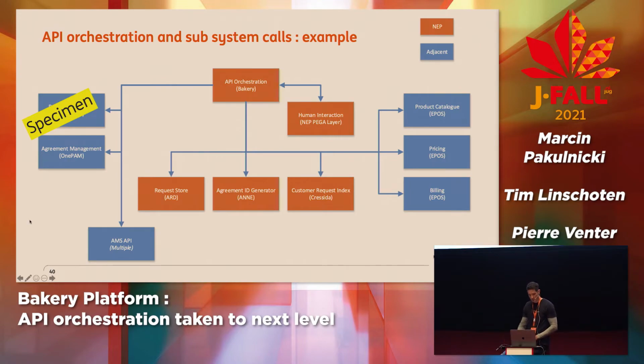I can use this actually. Now this is a typical implementation of Bakery at ING. So we run Bakery in ING in several isolated instances, and each instance serves one or more client applications. So this box at the top over here represents one such client application.